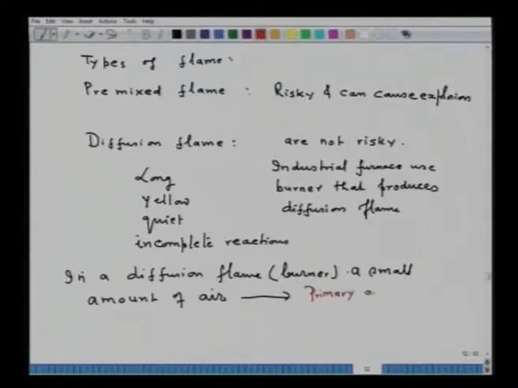The balance air is supplied through channels or ducts.